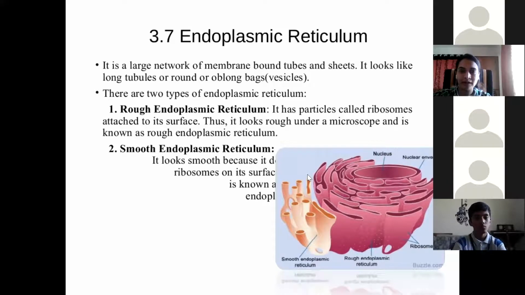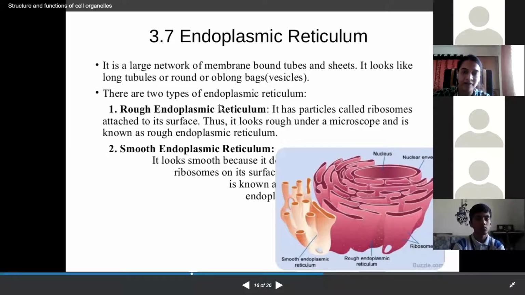Now the endoplasmic reticulum is of two types, right? Ribosomes are small particles, smaller organelles, like ball-like structures, which are responsible for protein synthesis.